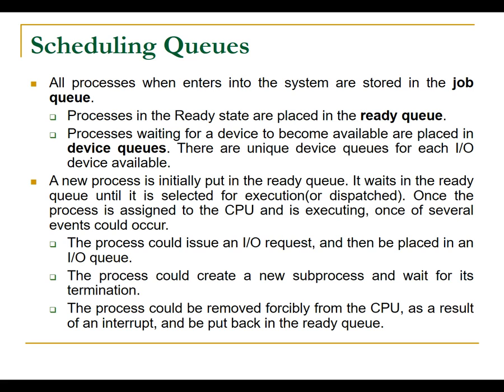The process could create a new sub-process and wait till the termination of the previous process. The process could be removed forcefully by the central processing unit as it is unnecessary, occupying the internal resources of the system and interrupting the ready queue.